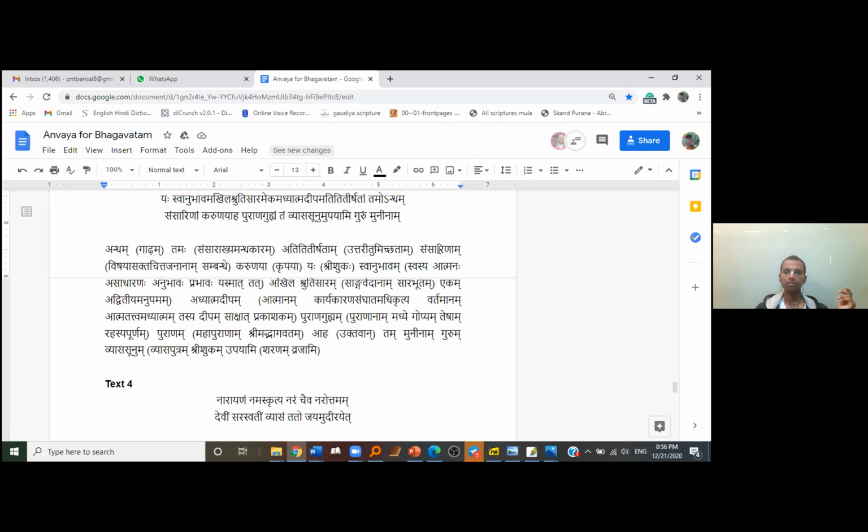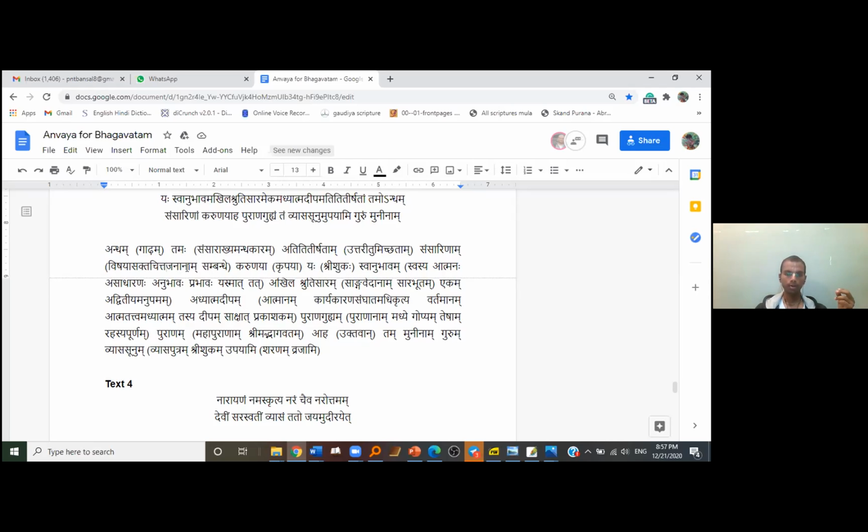Samsarinam means vishaya asakta chitta jananam sambandhe, in relation to those people, jananam meaning people, whose chitta can mean consciousness, mind, or heart. Let us use the word mind here, because the Vishayas are related to the senses, and the hub of the senses is the mind.